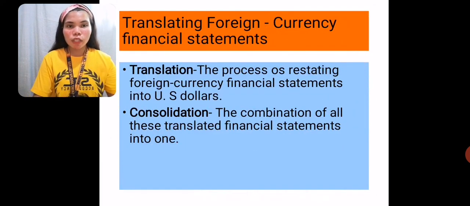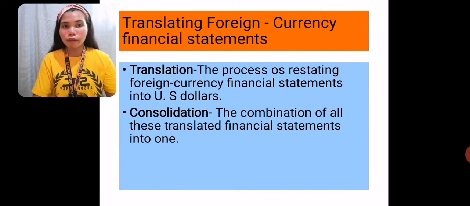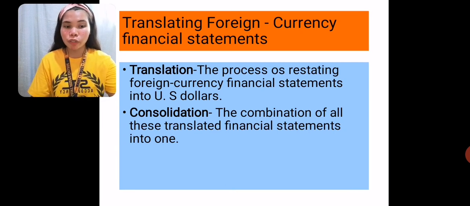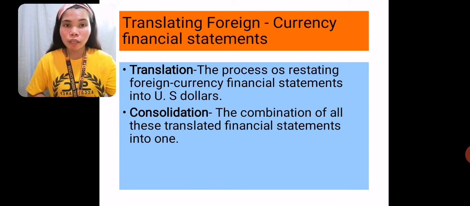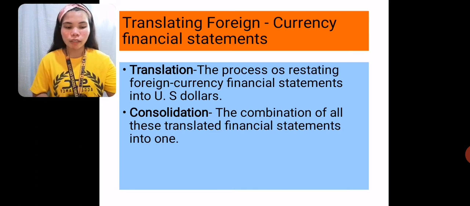The next topic is translating foreign currency financial statements. Even though a US-based multinational enterprise receives reports originally developed in a variety of different currencies, they eventually must end up with one set of financial statements in US dollars to help management and investors understand their worldwide activities in a common currency.